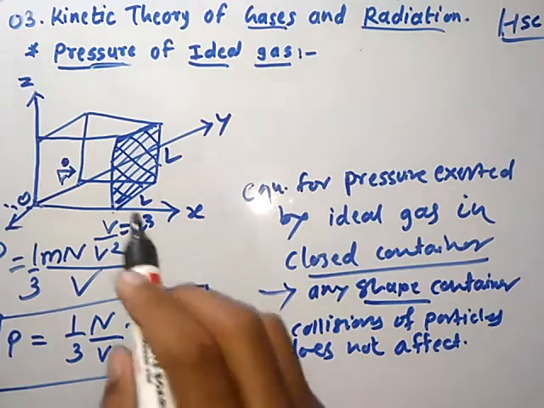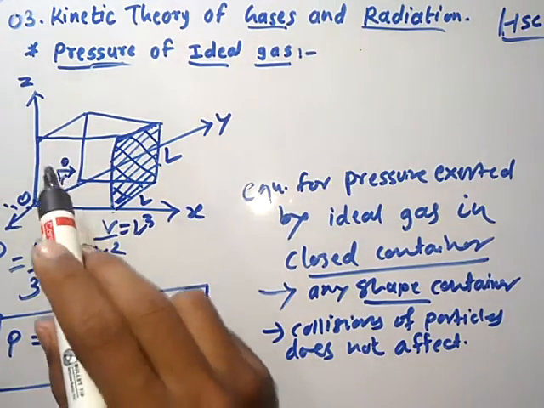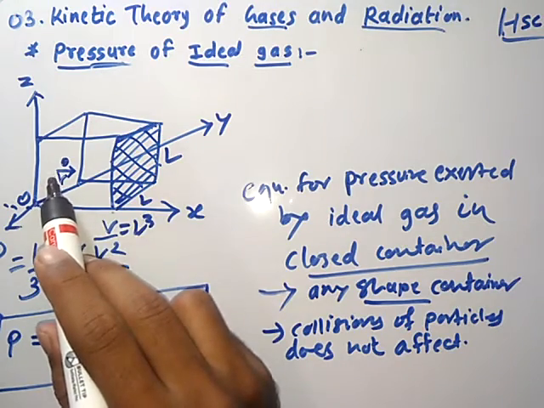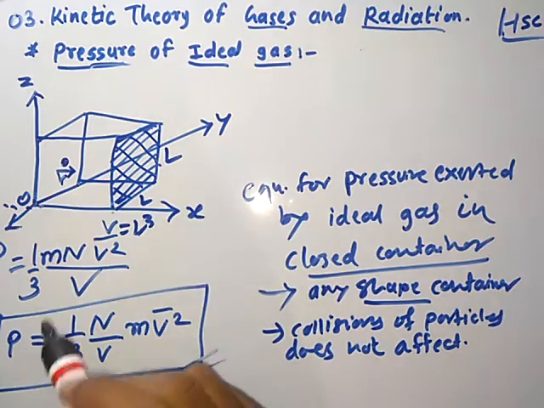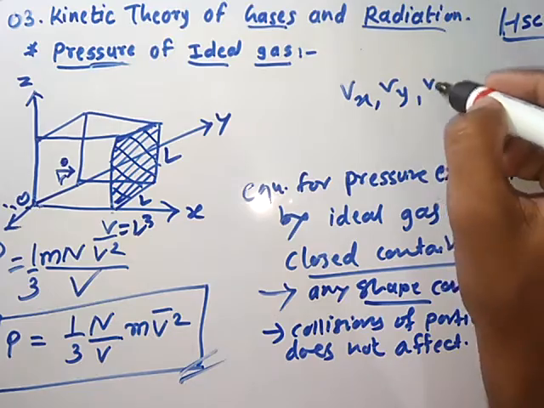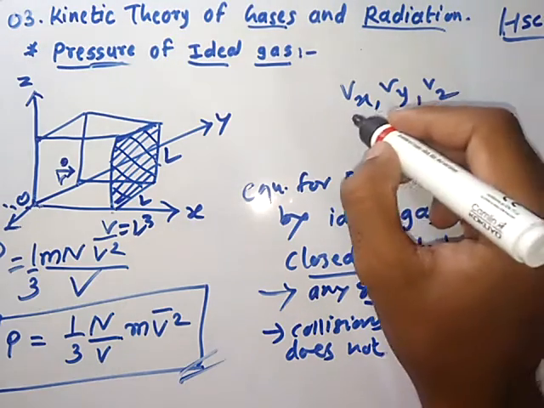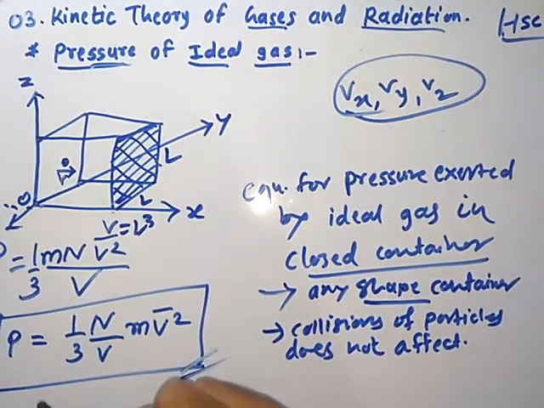Why? Because in a collision, if the molecule is moving in any direction irrespective of x, y, z, it is not moving along vx, vy, vz only, rather it is moving with other velocities in this case.